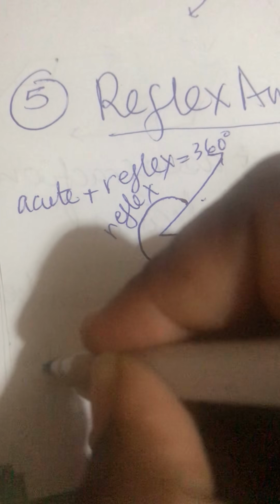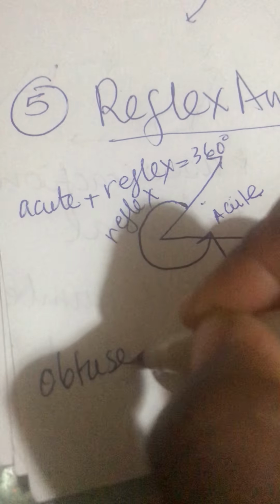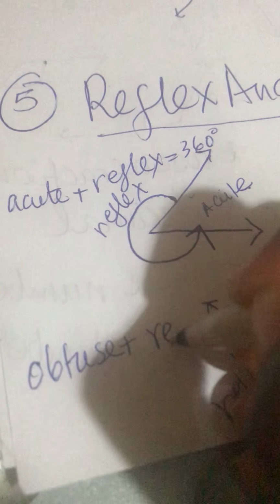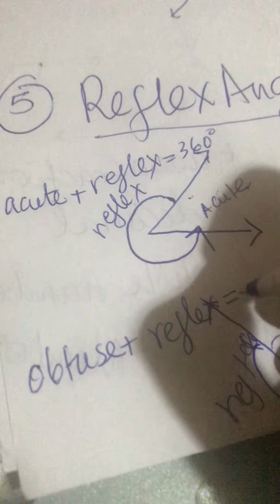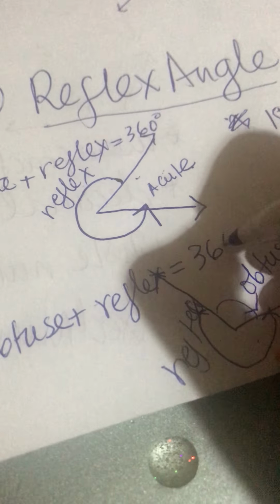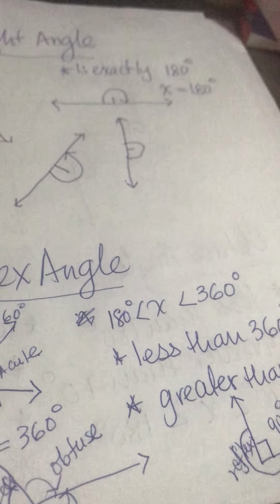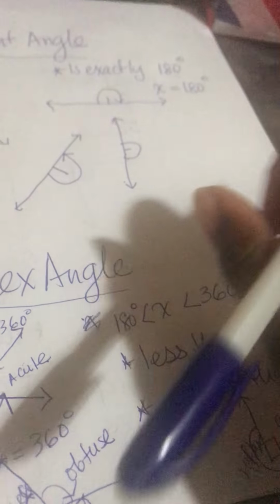Acute plus reflex equal 360 degrees. Obtuse plus reflex equals 360 degrees. Right plus reflex equals to 360 degrees. Okay? So we have done that.